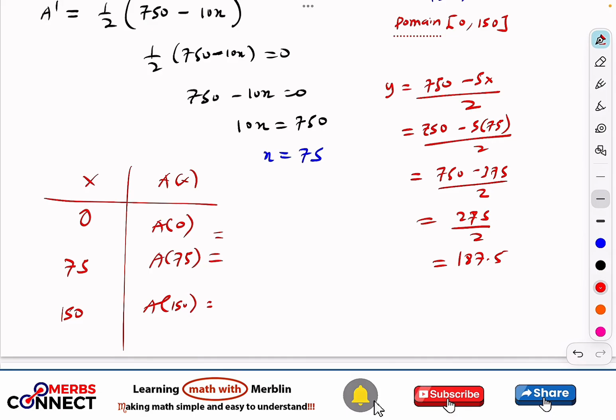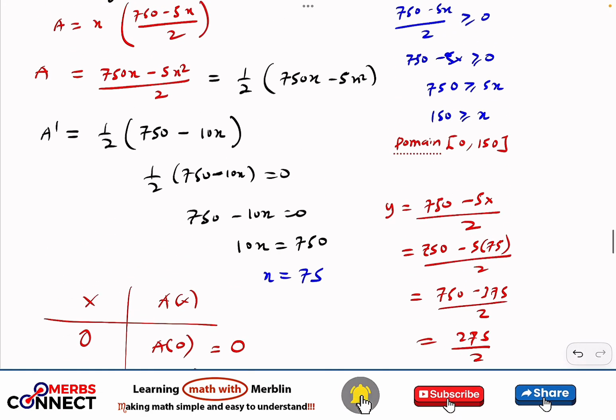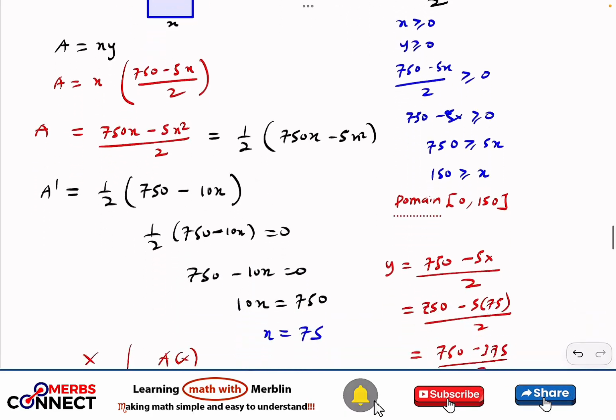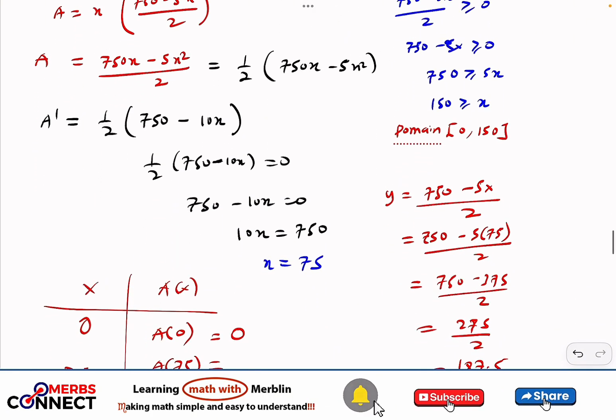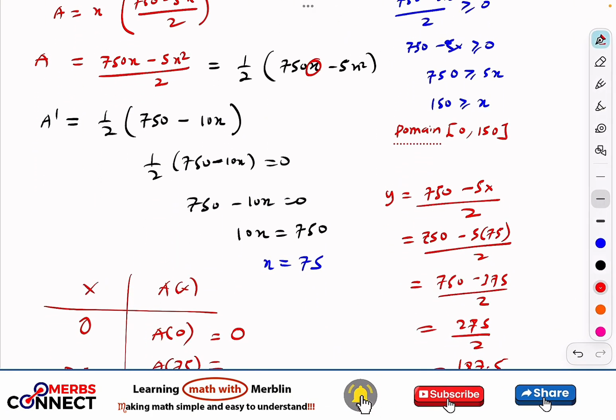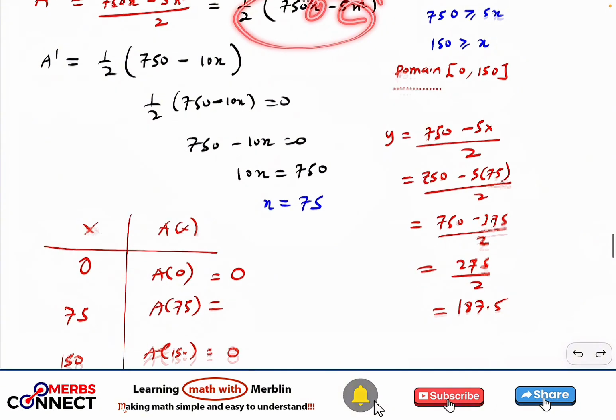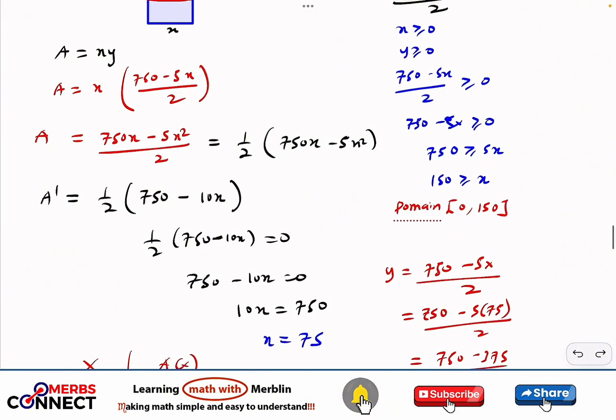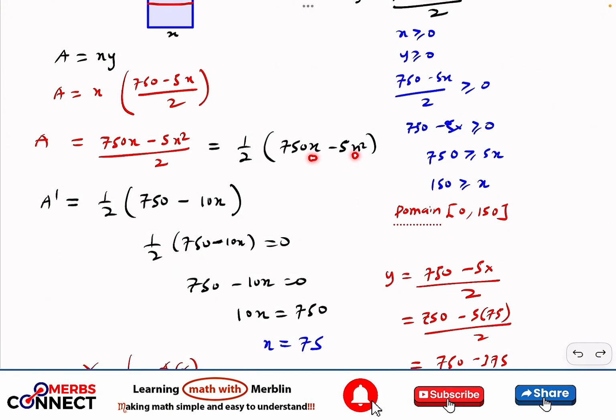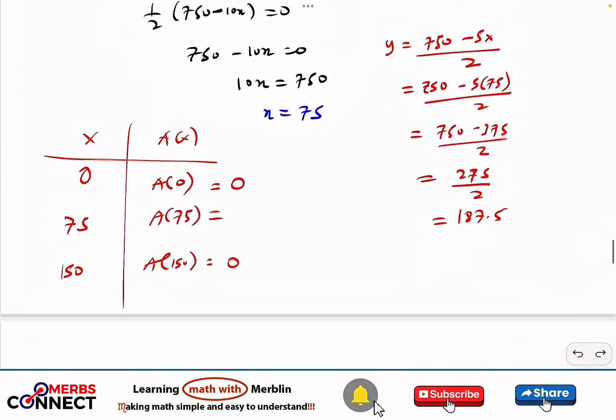Most of the time, the endpoint is 0, right? Because now let's plug in 0 here. Yes, indeed. When I plug in 0 here, 0 here, 0 here, everything goes to 0. Plug in 150 here, 150 here. This one too also goes to 0 indeed.